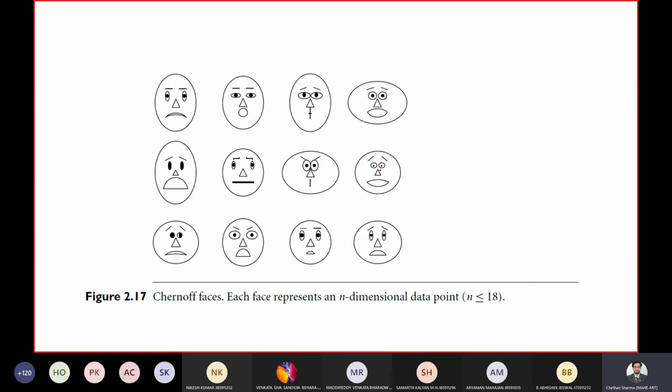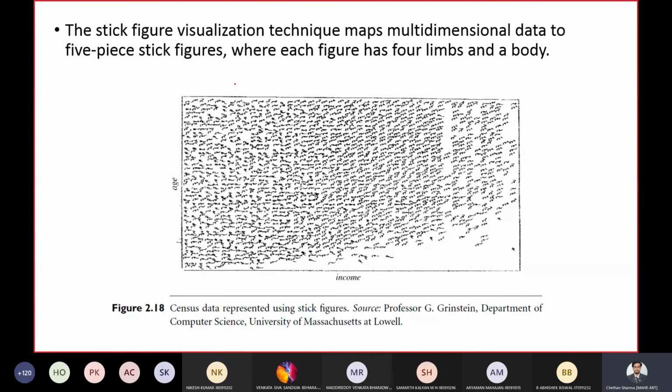So this is one way. The second way is the stick figure. This stick figure basically maps your multi-dimensional data to a stick figure. Each figure has four limbs and one body. Here they have tried to plot a stick figure for census data.